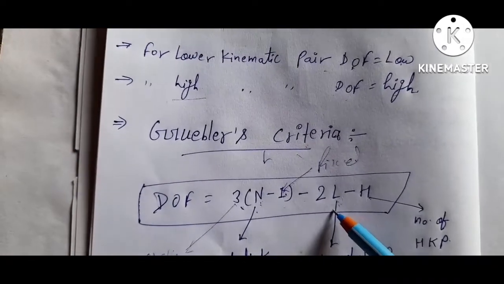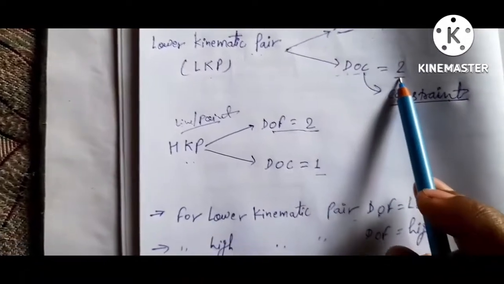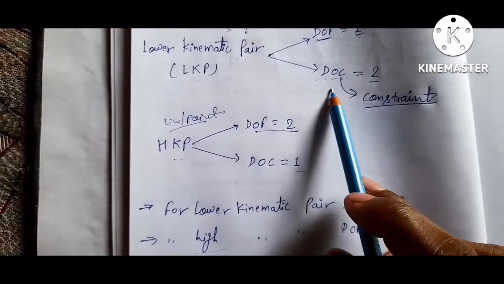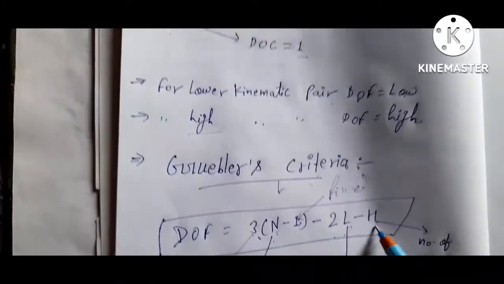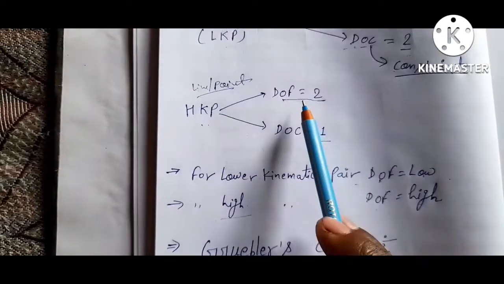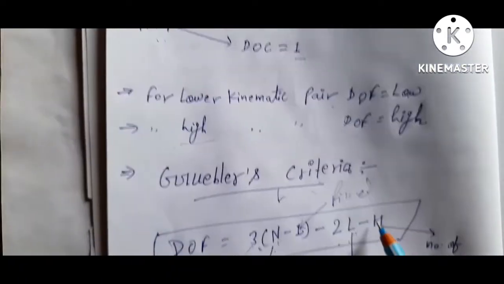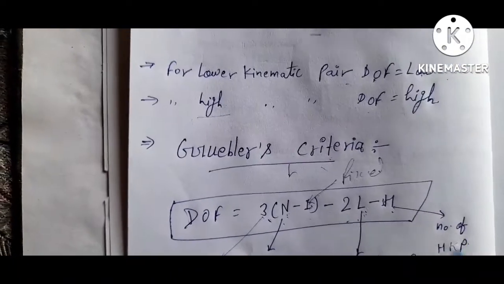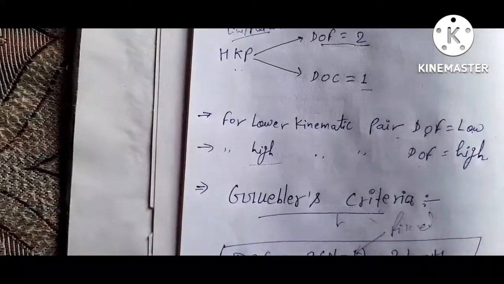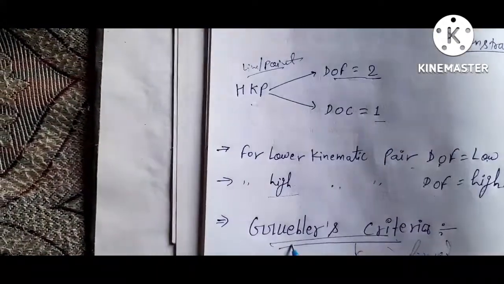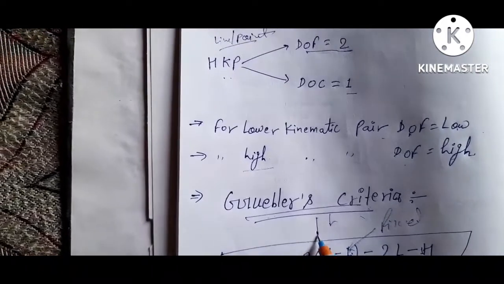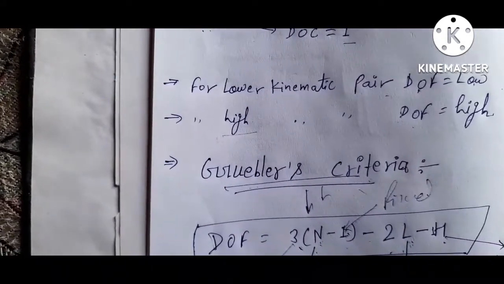In a lower kinematic pair, degree of constraint equals 2, so 2l. And in a higher kinematic pair, degree of constraint equals 1, so 1h. So this is the formula, and it is given by Gruebler's criteria.